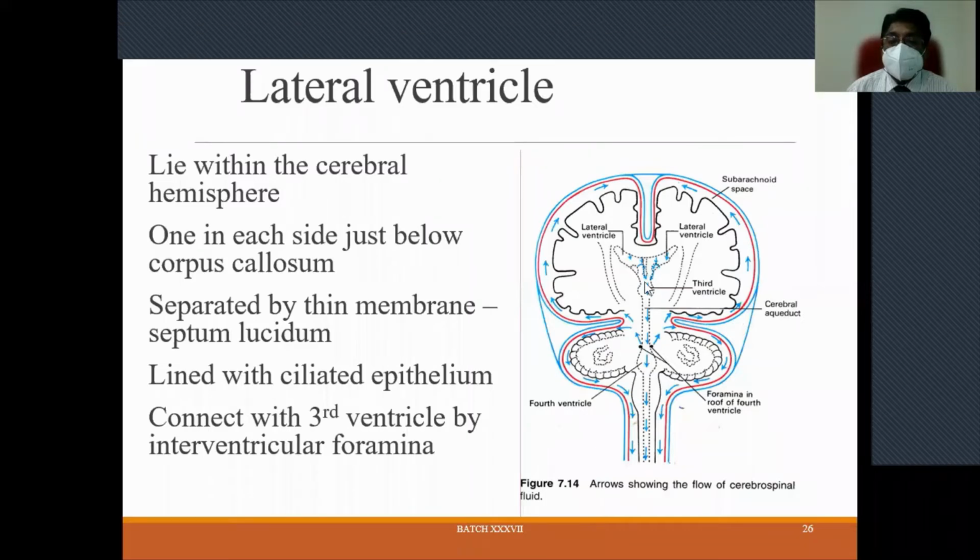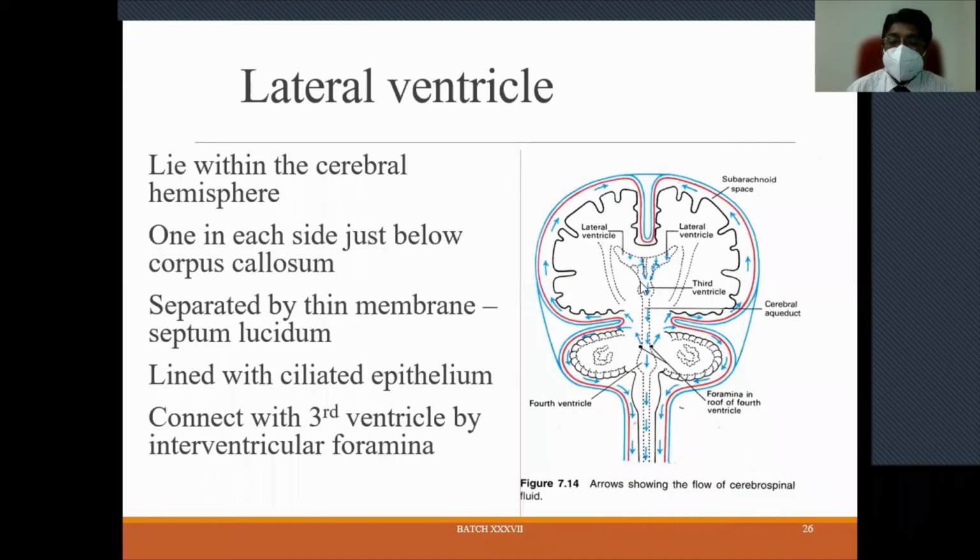And on either side of the third ventricle, there is a gray area. You know that gray means it's a collection of nerve cells. This collection of nerve cells, which is very close to the third ventricle, is the thalamus, right?